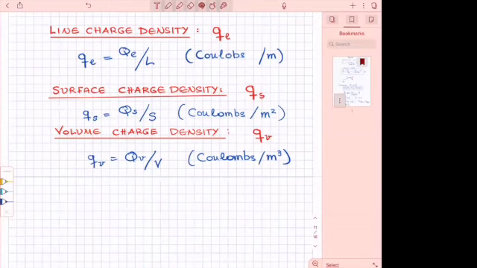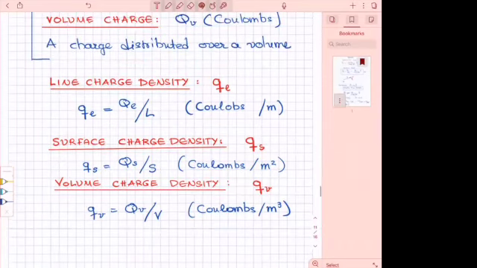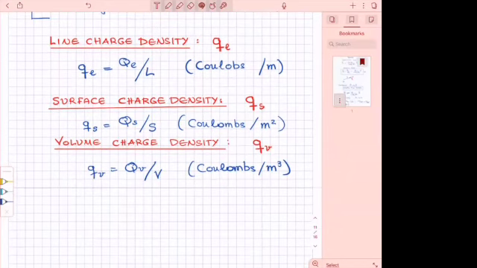For uniform charges, the line charge density is the total charge divided by the length, and the unit is coulombs per meter.